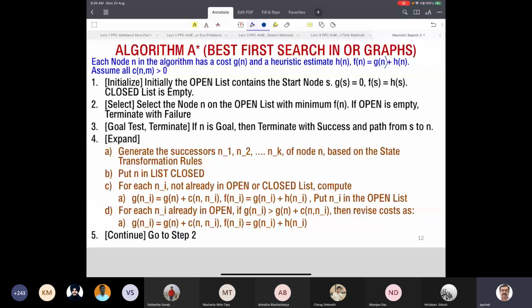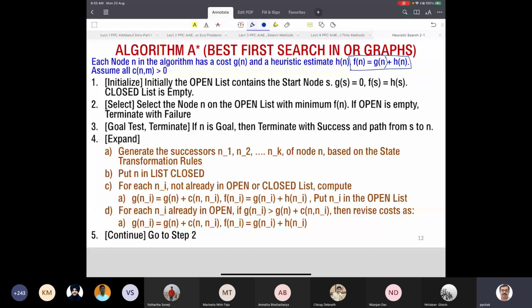We again recall that we are using an evaluation function Fn, which is Gn plus Hn, where Gn is the cost of the current best path from start to this node. Hn is the estimated cost of the path from this node to goal.